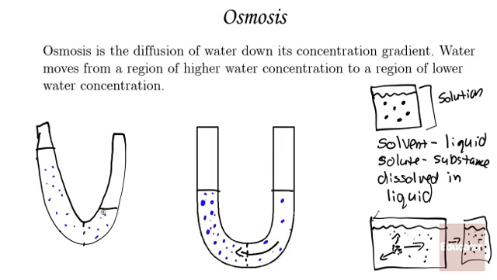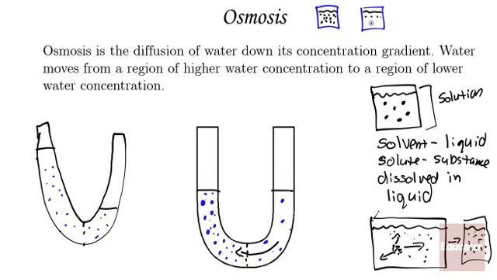A few terms that you should be familiar with for the tests that relate to osmosis: hypertonic, hypotonic, and isotonic. And when you talk about hyper or hypotonic, you're talking about one solution relative to another solution. So let's say I have two solutions. And the one on the left has a lot of solute in it.